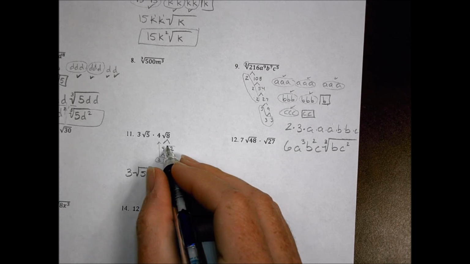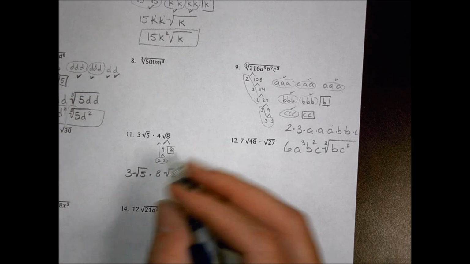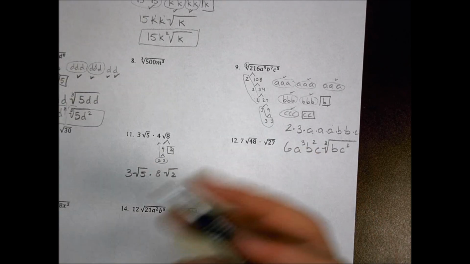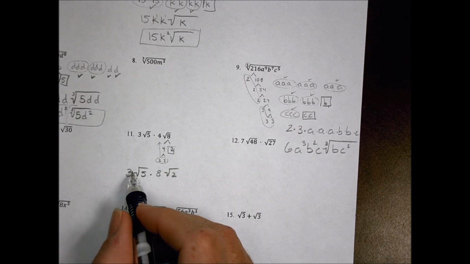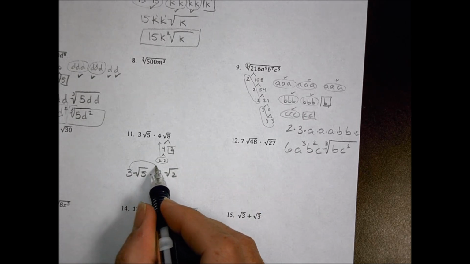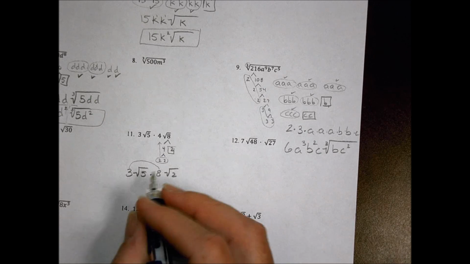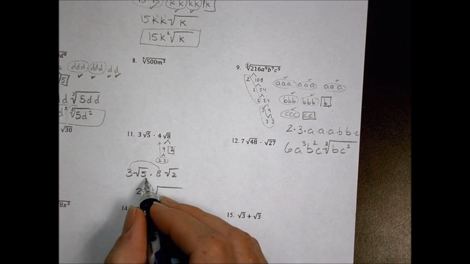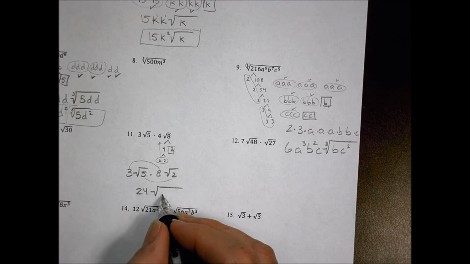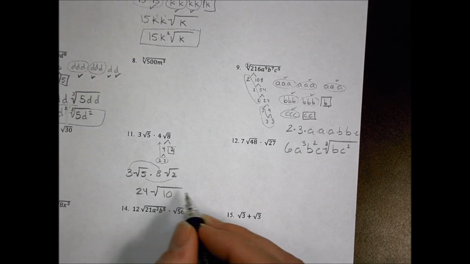Because I still have the 2 left inside the radical. So I did some reducing first. That just helps speed up the process a little bit. At this point, I'm going to multiply the numbers on the outside of the radical together. 3 times 8 to get 24. And then in the radical itself, I still have 5 and 2, which make 5 times 2 is 10.